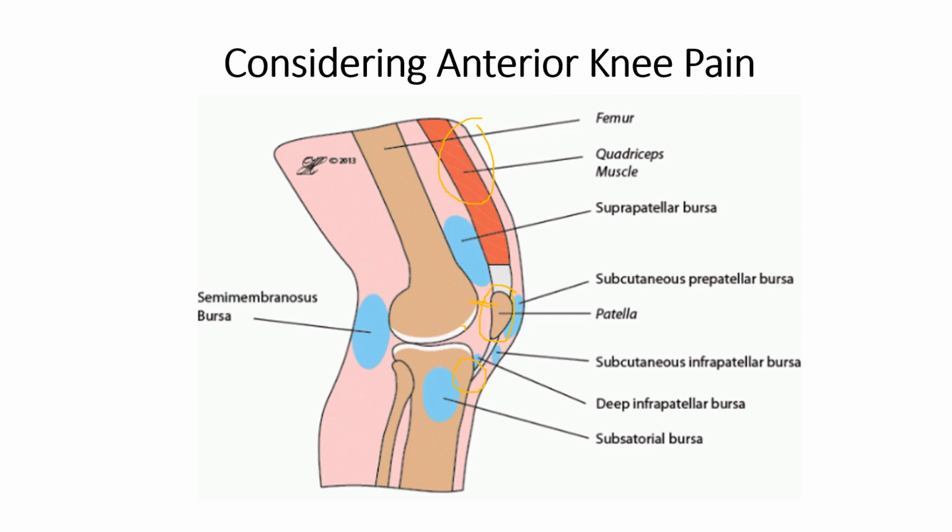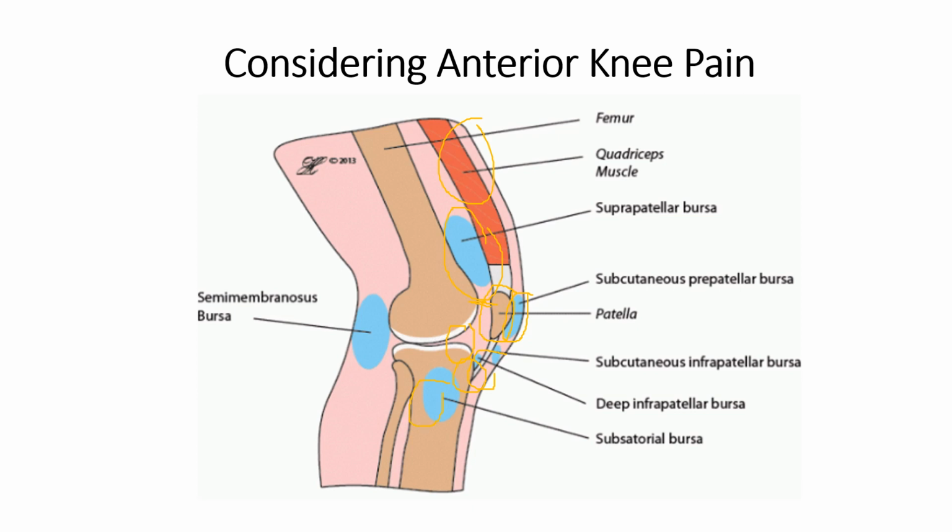You also have anteriorly the anterior cruciate ligament that could be inflamed or sprained. And these blue circles are the suprapatellar bursa, the prepatellar bursa, subcutaneous infrapatellar bursa, the subsartorial bursa.